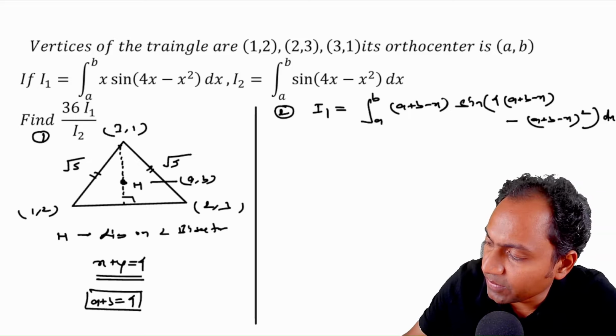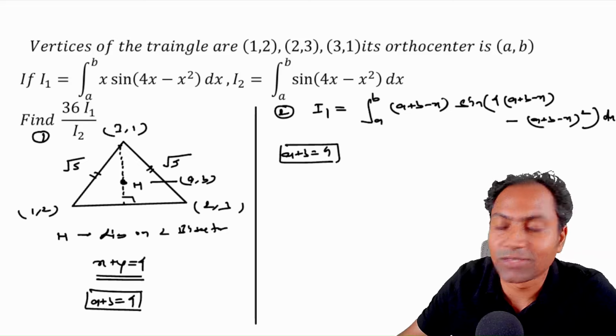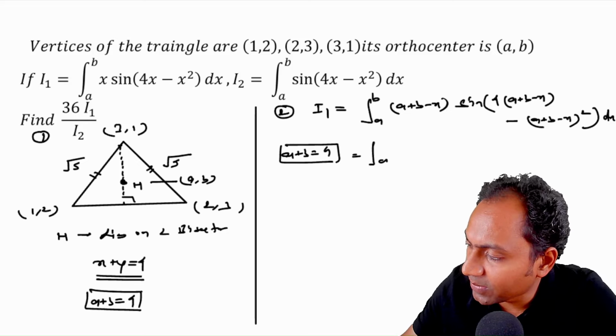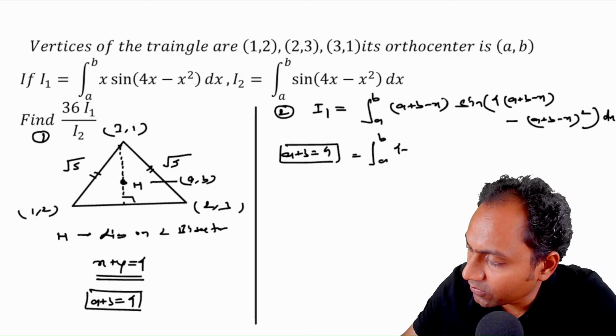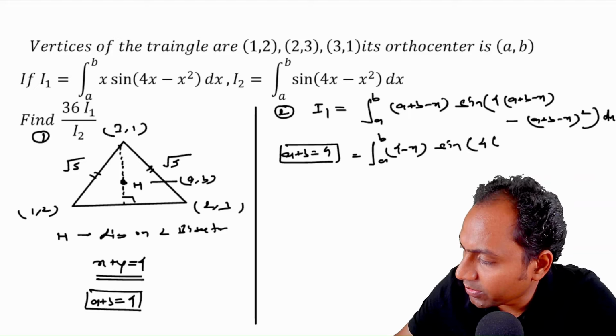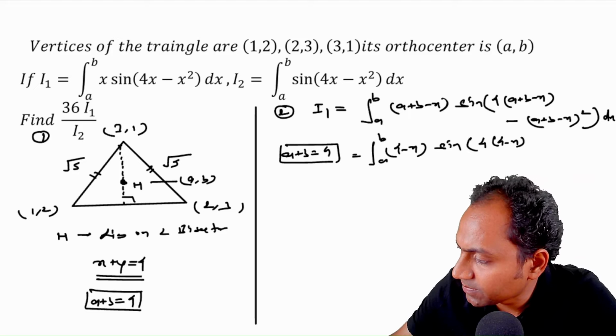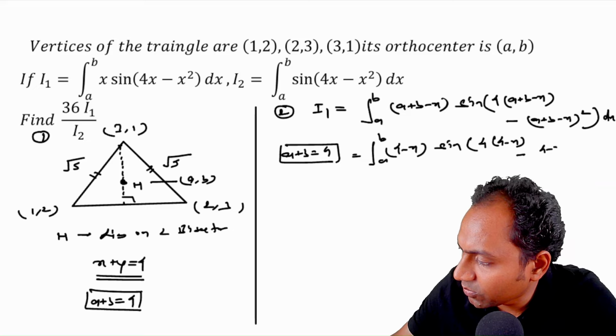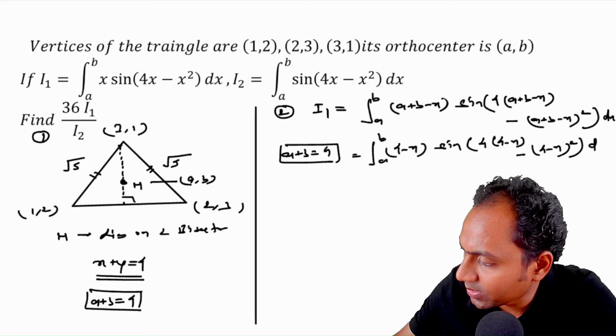If you simplify or put the value of a plus b equal to 4, let us see what we get. The first part becomes 4 minus x. The second part again becomes 4 into (4 minus x), and this becomes (4 minus x) whole square dx.